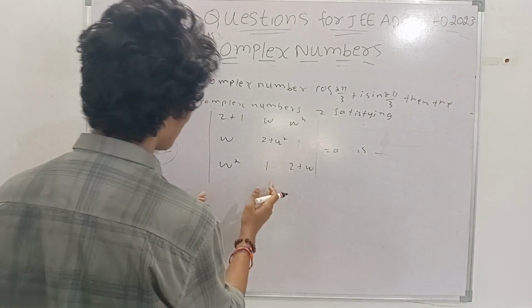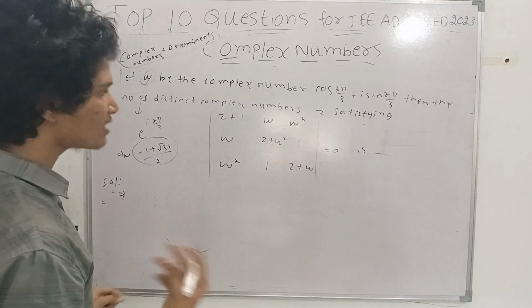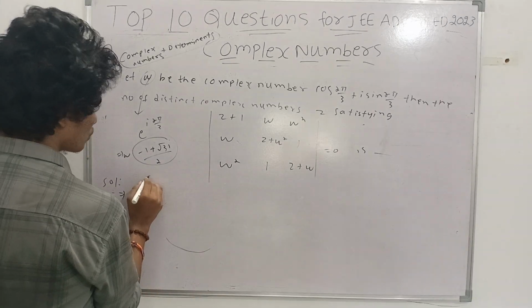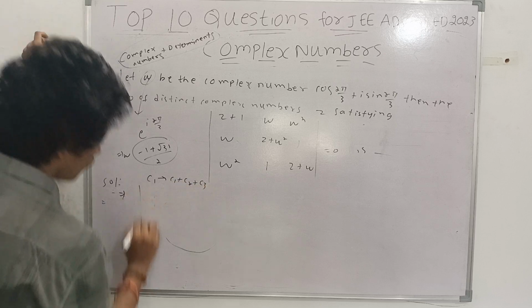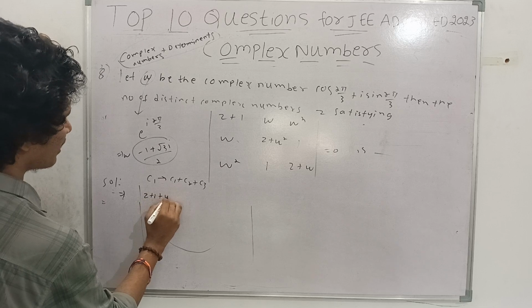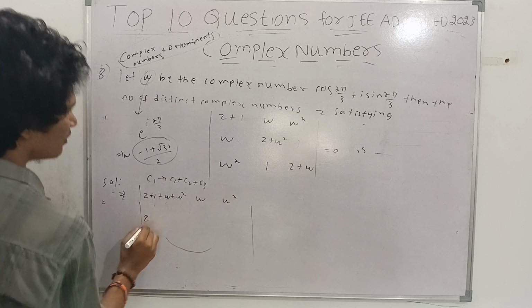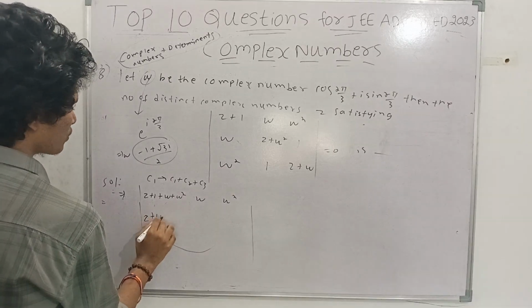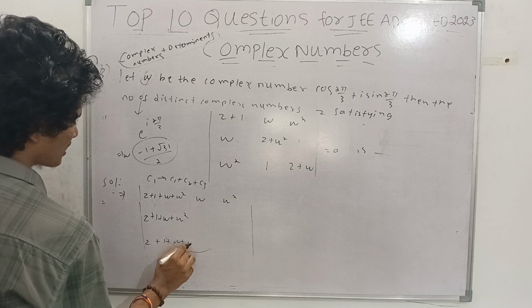When you see this, we cannot solve directly, so we have to apply a transformation. I am applying C1 tending to C1 plus C2 plus C3. So what will I get? In the first column I will get z plus 1 plus omega plus omega square in each entry, that is z plus 1 plus omega plus omega square.